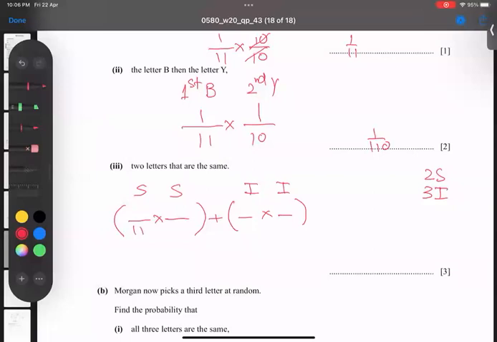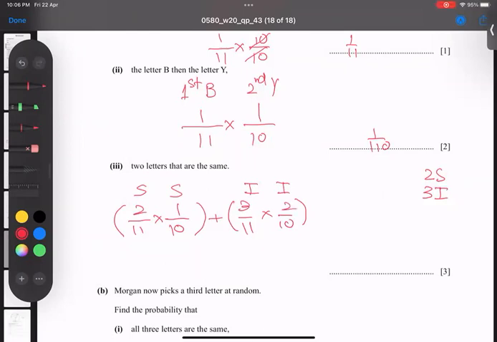So here 11, here 10, here 11, here 10. How many S do we have in total? 2 S's are there, so we get 2 out of 11. But one S is gone, so how many S are left behind? One S is left behind. Similarly, there are 3 I's, so it's 3 out of 11, and out of 3 one I is gone, so 2 I's left, so 2 by 10.